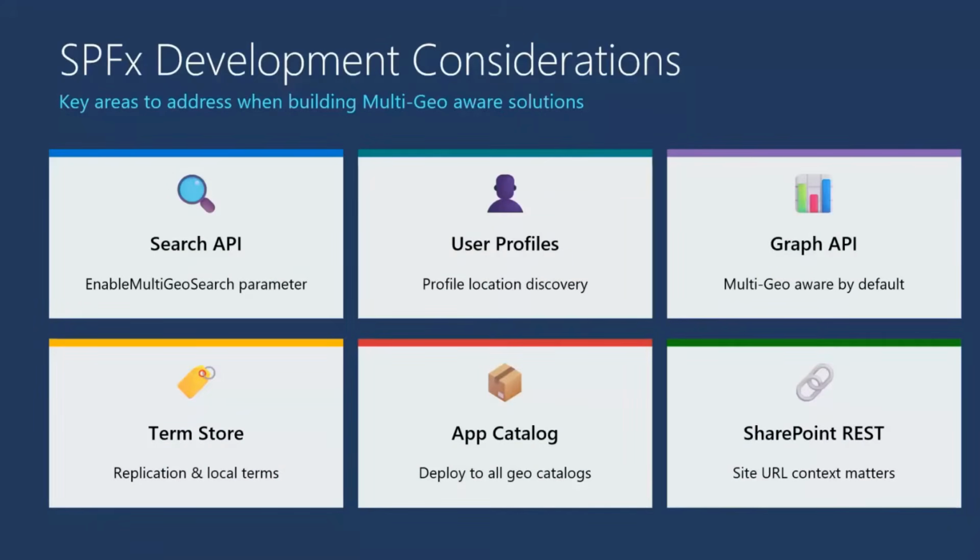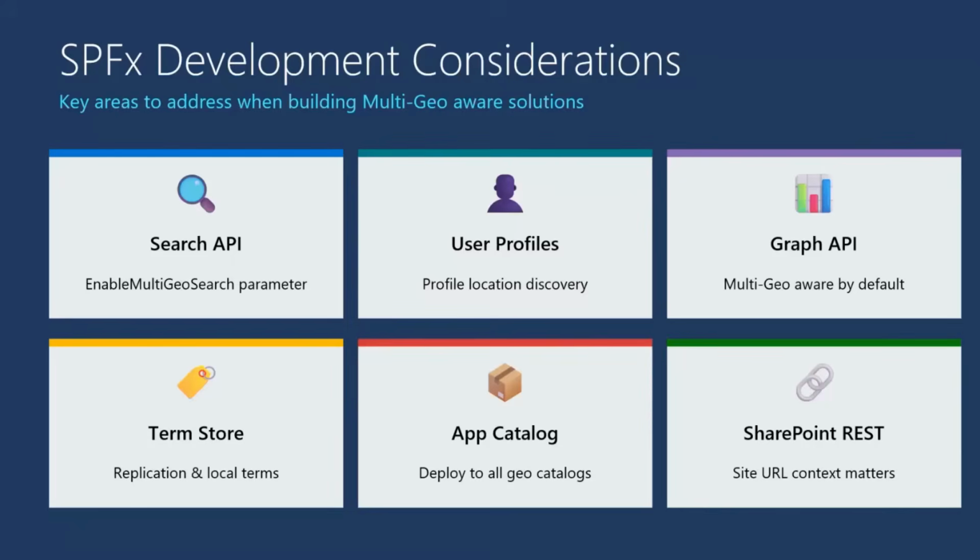If we deep dive into the SPFx world, what does that look like? Some of the considerations when you're building a solution which will run on multi-geo: if you have a solution with a search API, you have to be careful how to plan around that, and how to use the enable multi-geo search parameters so you can go across different geos.